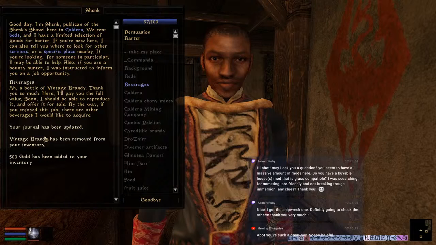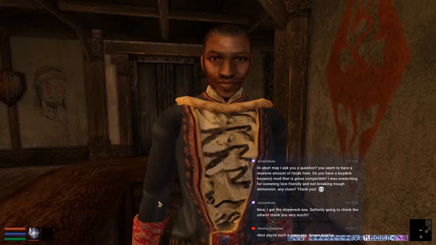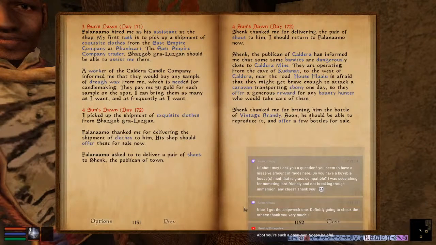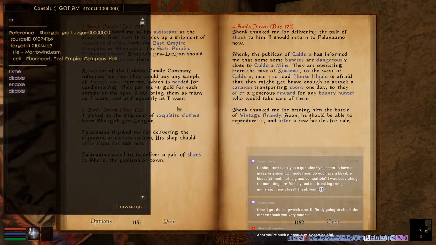And we must have some journal entry somewhere, because as you can see, the journal has been updated, like here you just read. And there's a typo here, bringing spelled wrong. Nothing bad, but when you find something like this while playing the mod, you can do something very useful for the modders.